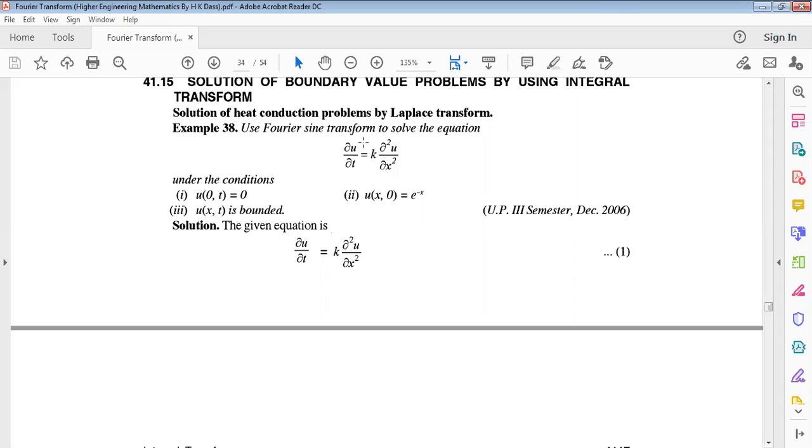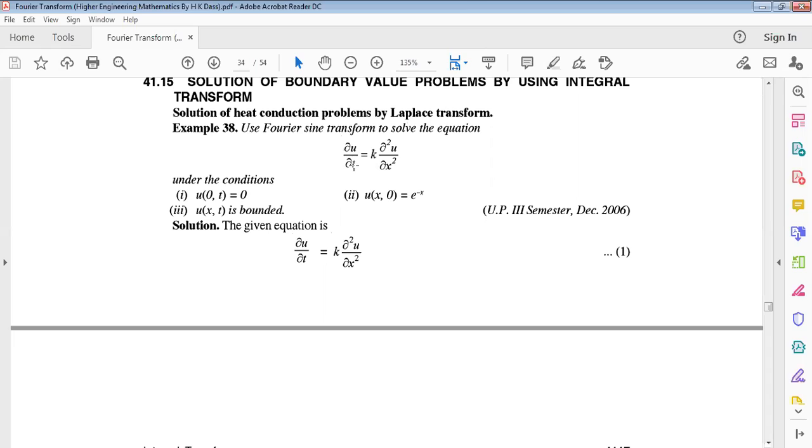That means u is the function of x and t. U is the dependent variable and x, t are the independent variables. If there are two or more independent variables, then the derivatives will be partial derivatives, and if the differential equation has that form, then it is a partial differential equation. Remember it.